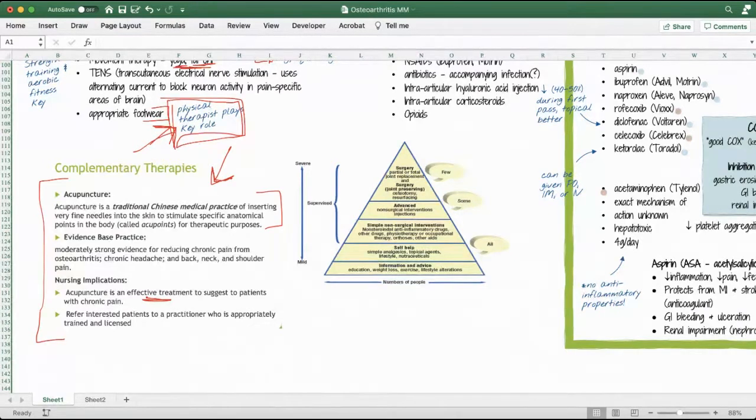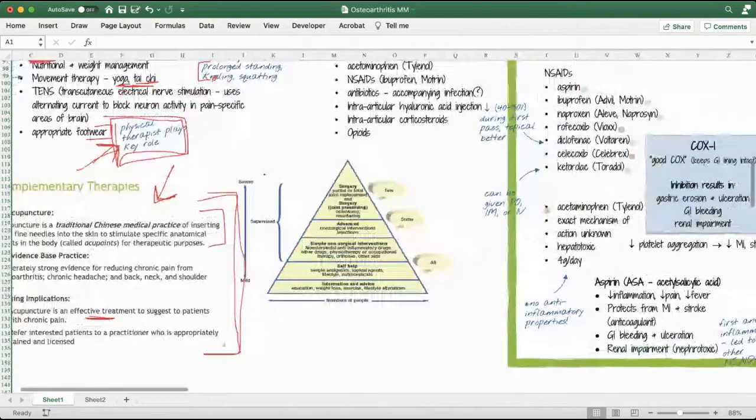So if you end up with a question where the patient says they're using acupuncture, the answer isn't, oh, acupuncture doesn't work. It is considered an effective therapy, just so you know, because I know some people get tricked up on that question.